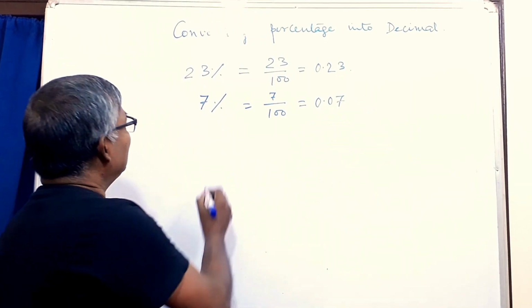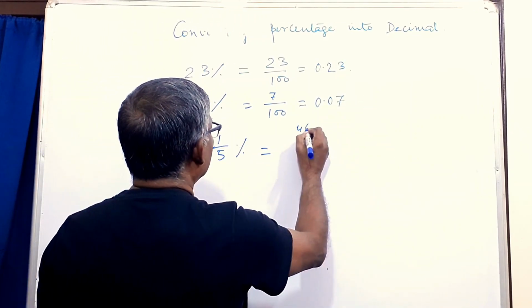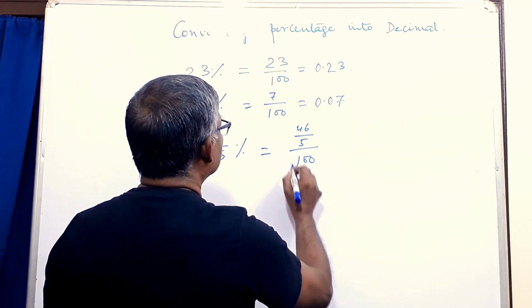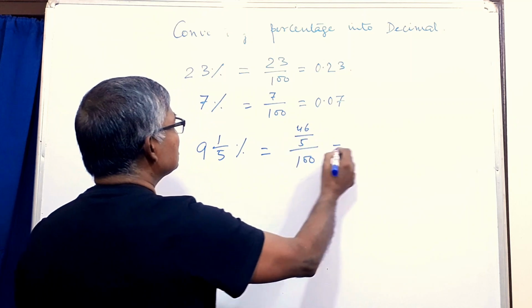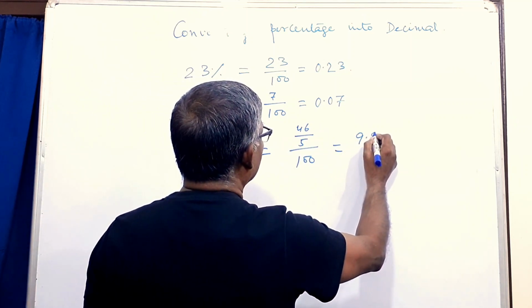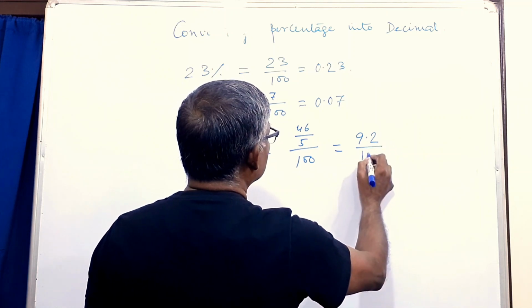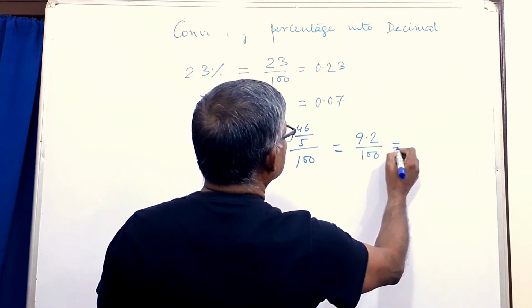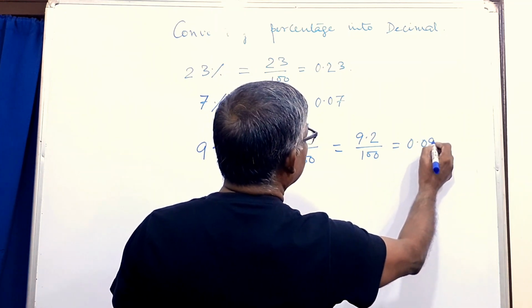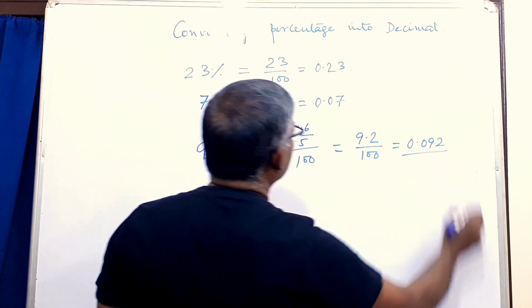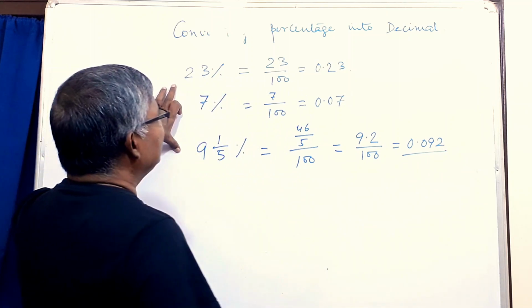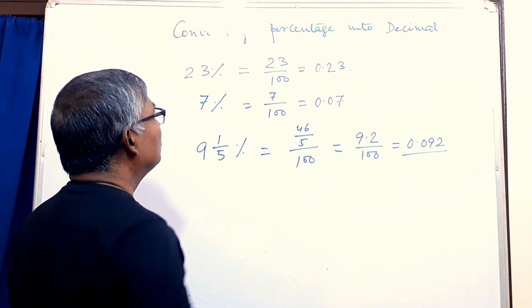Let us take the number 46 by 5 by 100. This can be written as 9.2 by 100. This equals 0.092. So any percentage can be converted into decimal.